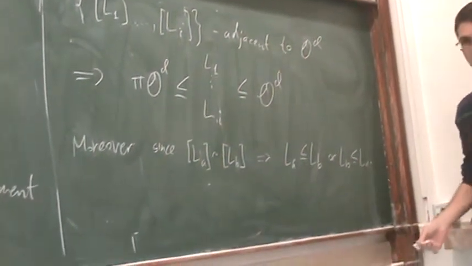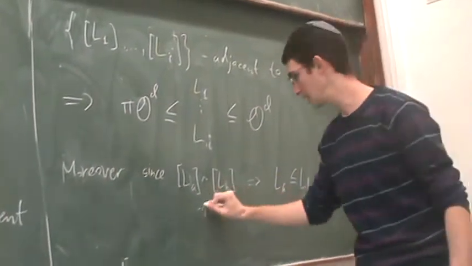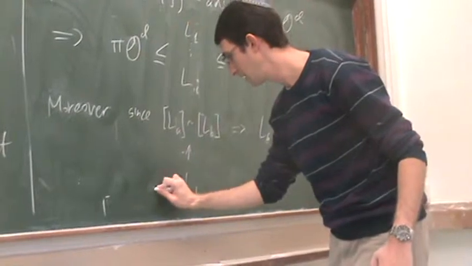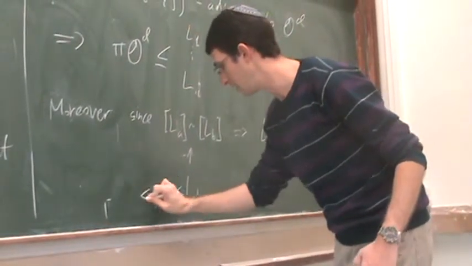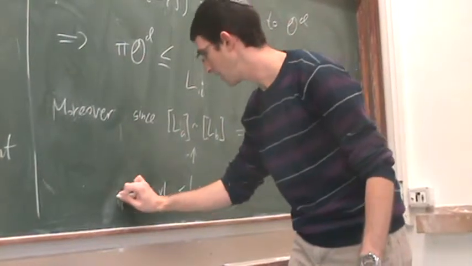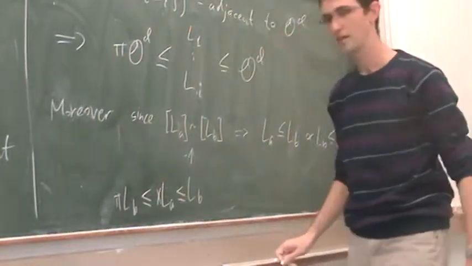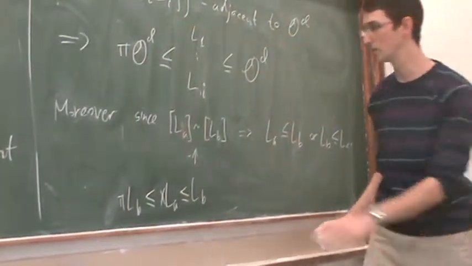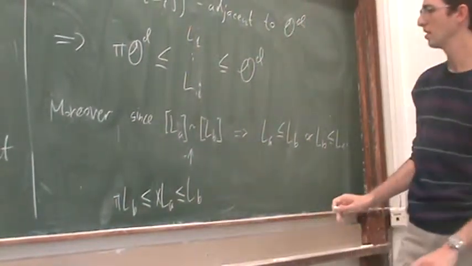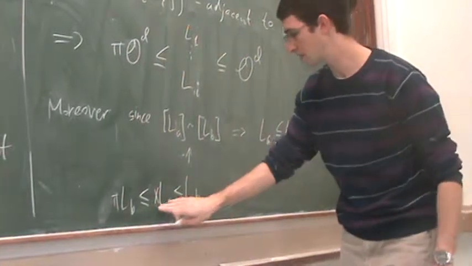And why is this true? This means that Lb is contained in x La contained in pi Lb. Or, well, I could choose La. Okay, this is true for some x.